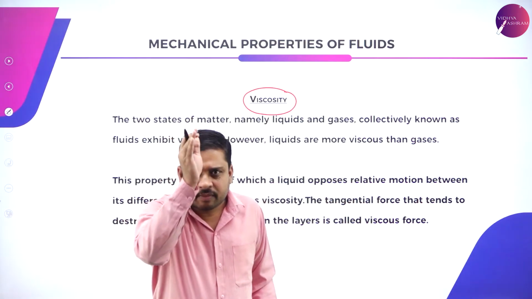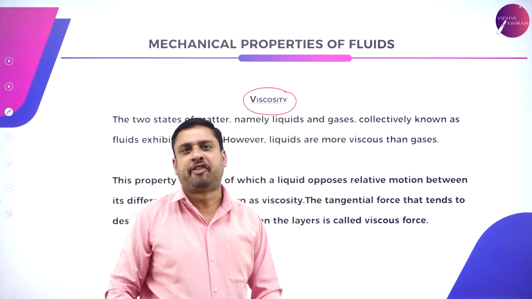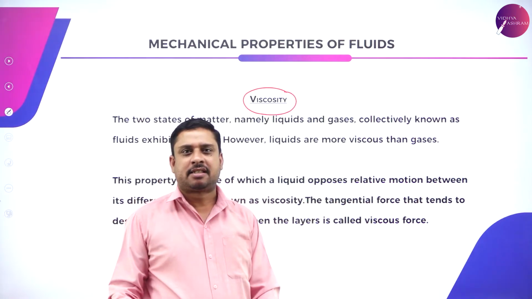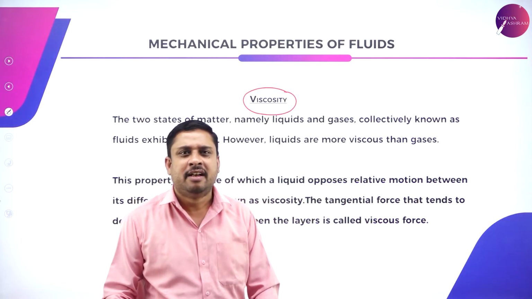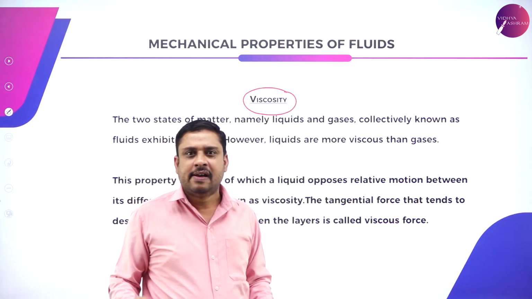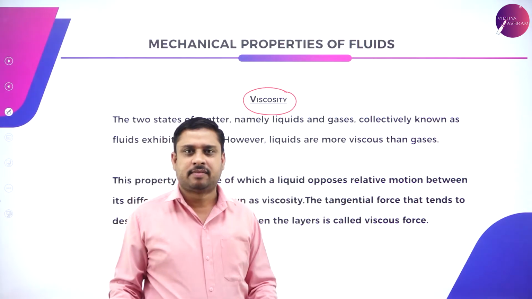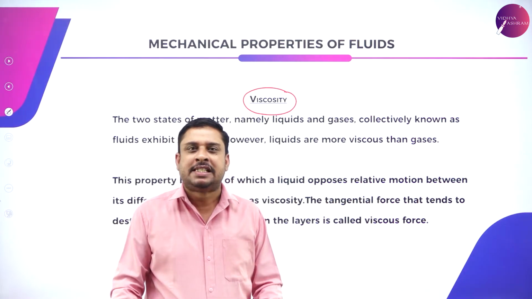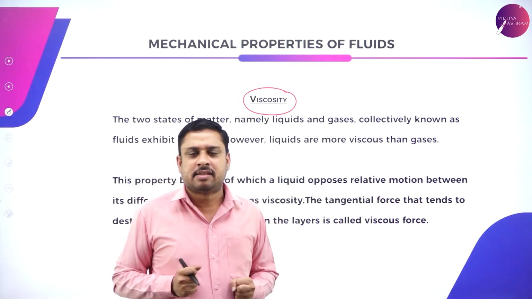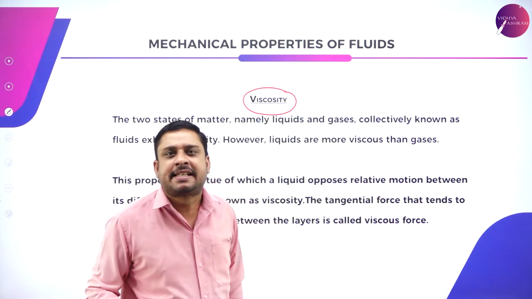Suppose when we cut a jackfruit and try to peel it, we feel the fruit sticks to our hand, viscous. We say kerosene oil is viscous, something sticky.